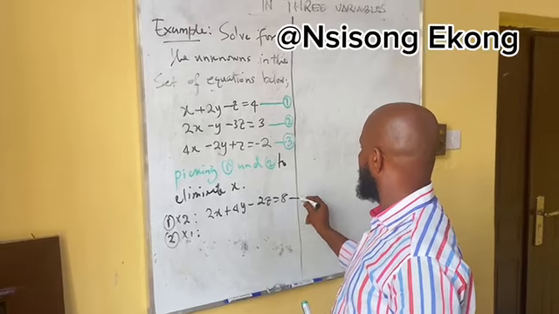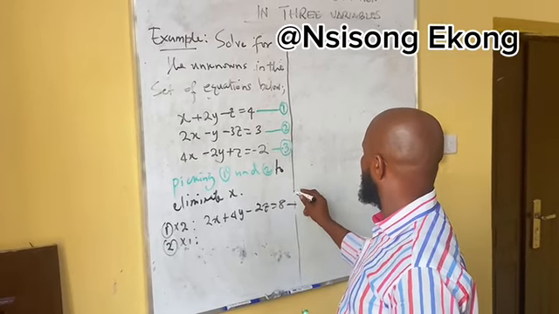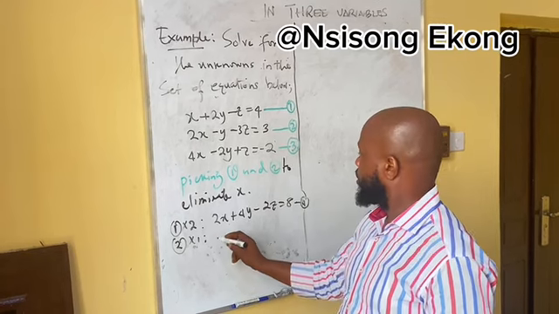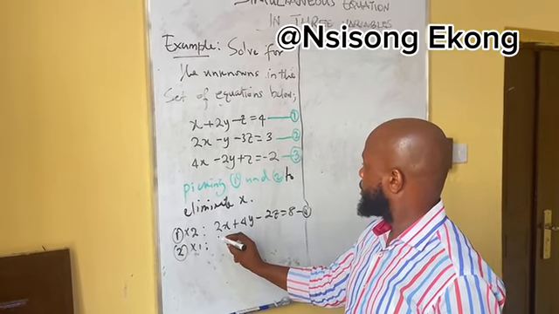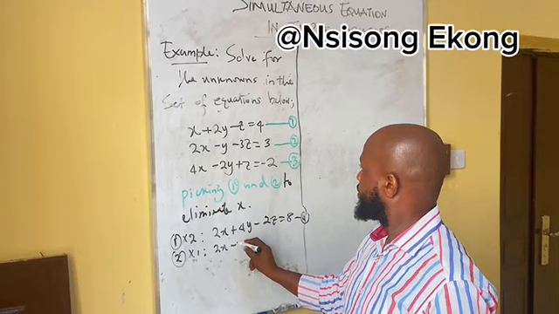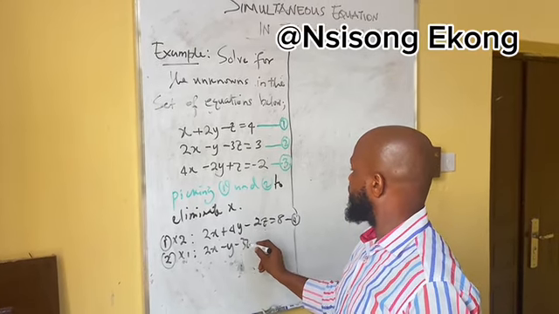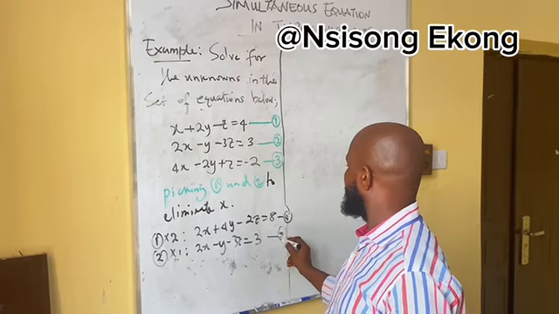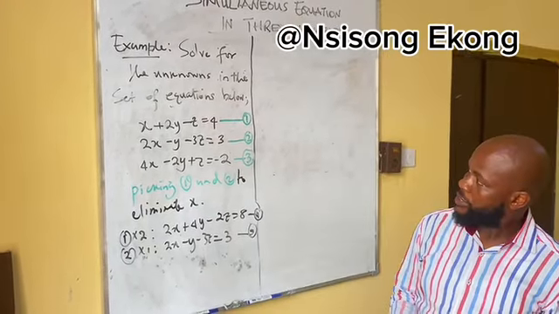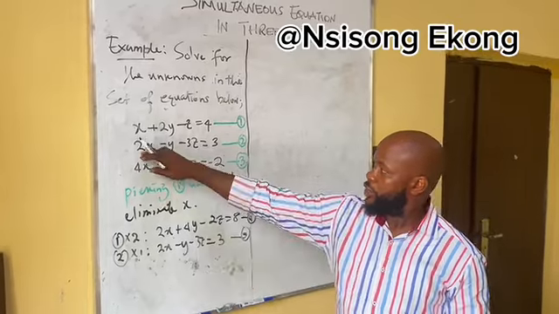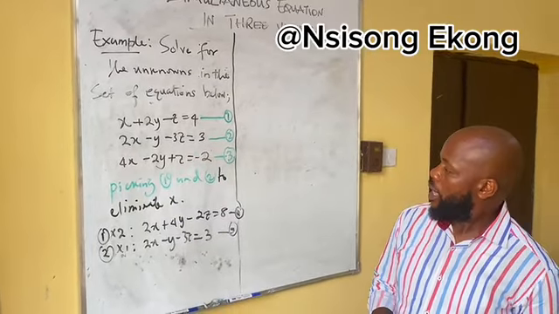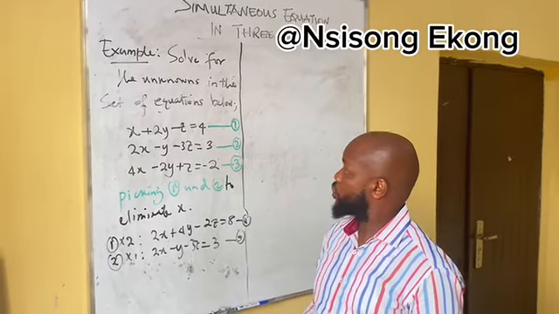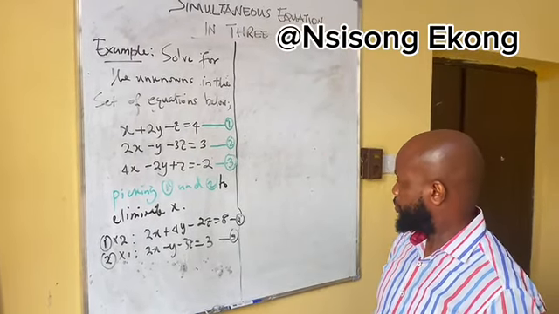You can call this equation 4. And we now have 2x minus y minus 3z equals 3. We call that equation 5. So we've multiplied equation 1 by 2, the coefficient of x in equation 2, and we multiply equation 2 by 1, which is the coefficient of x in equation 1.